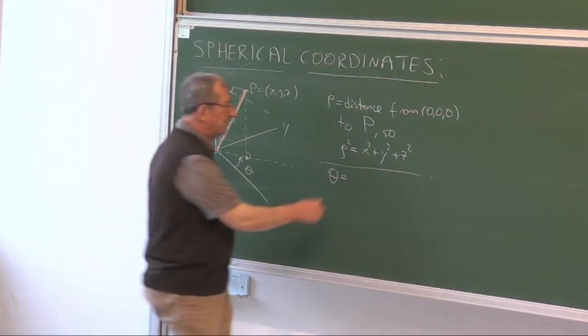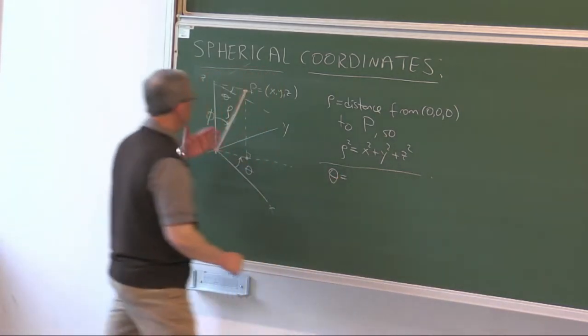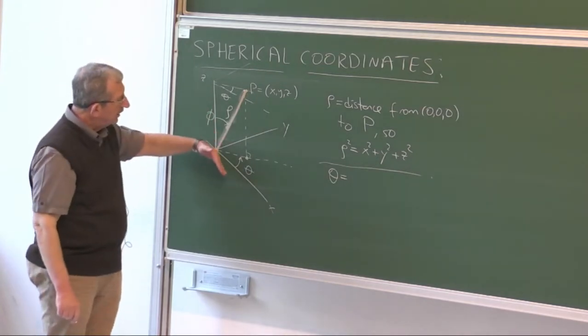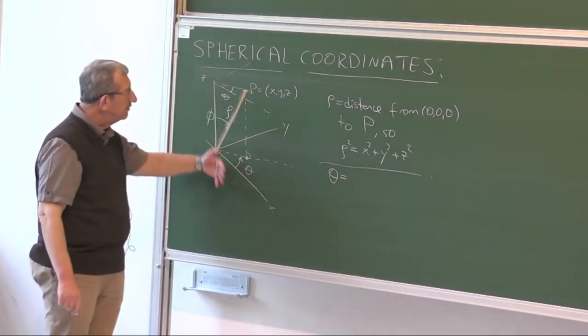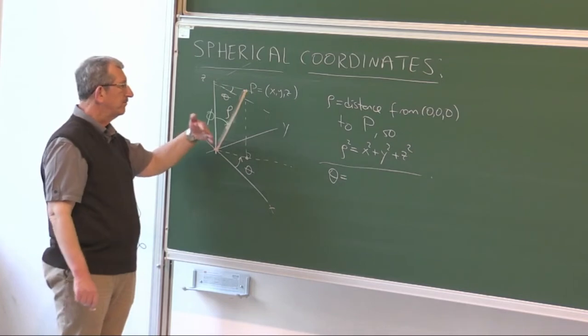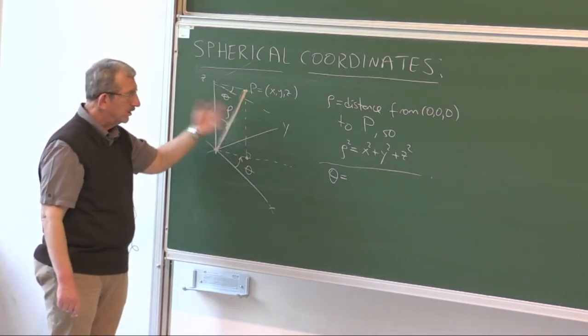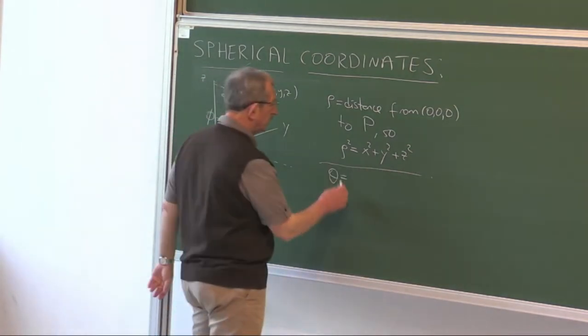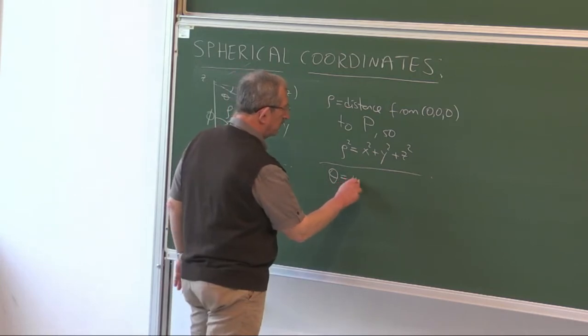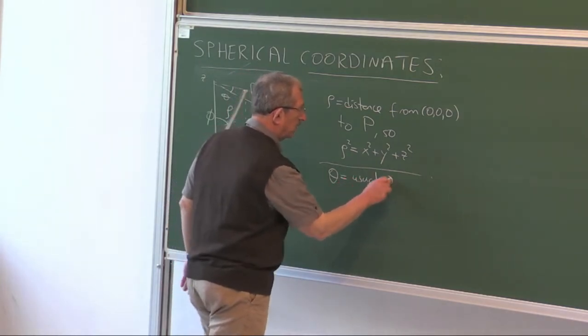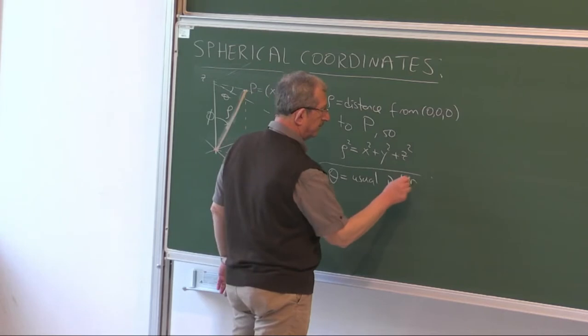Theta is the angle measured from the zx plane to the point. So this is the usual polar theta.